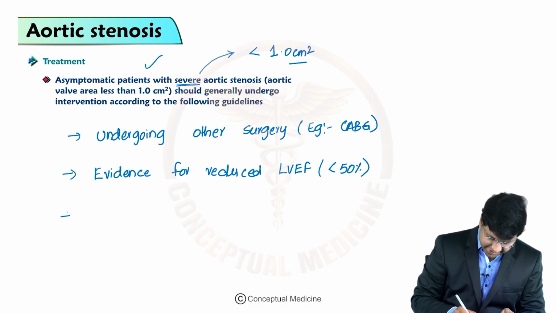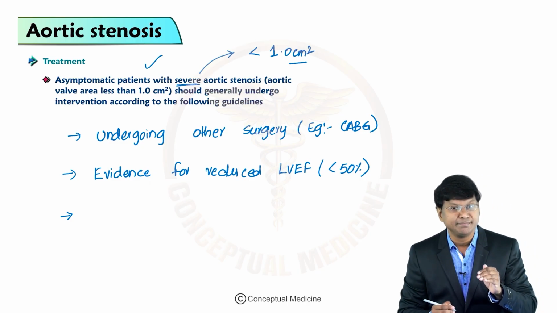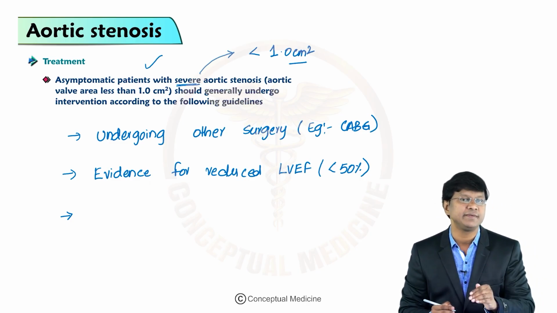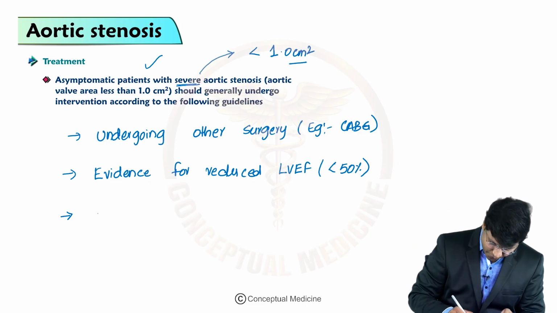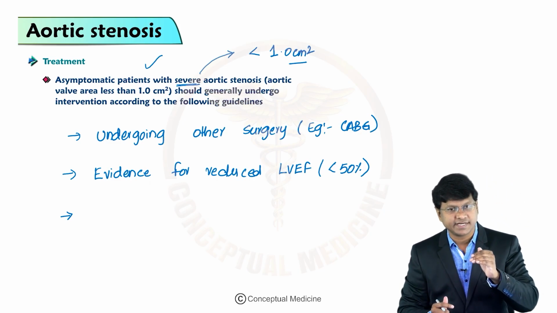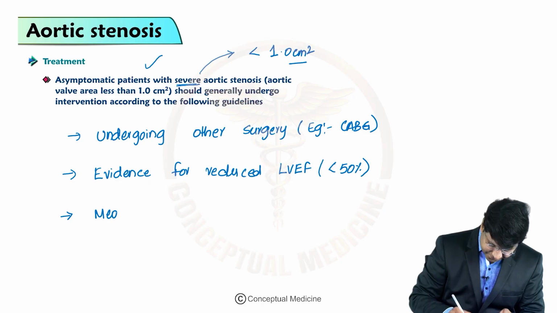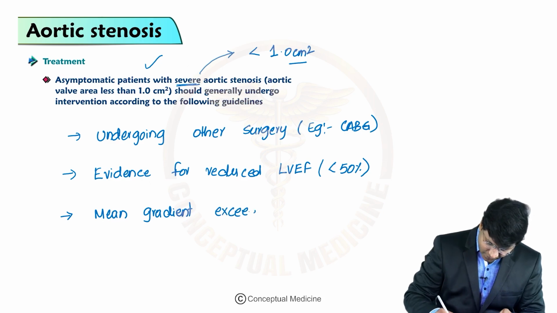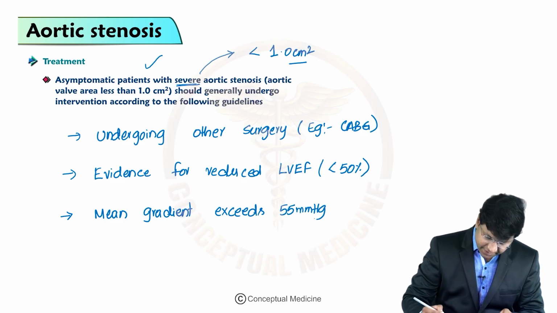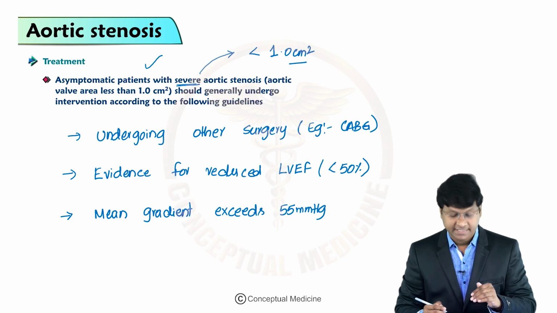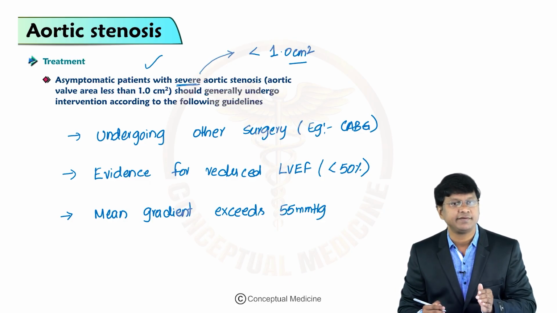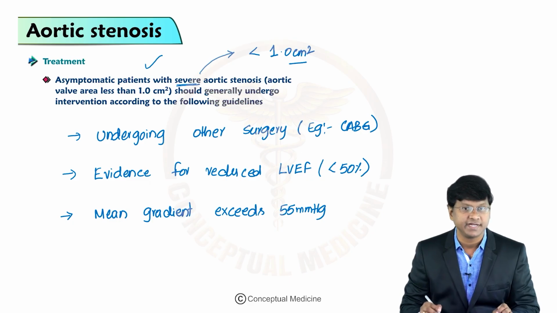Next, the other important point is when the mean gradient exceeds 55 millimeters of mercury, that is, the gradient between the left ventricle and aorta. When the mean gradient exceeds 55 millimeters of mercury, even though the individual is asymptomatic, they have to undergo aortic valve intervention.